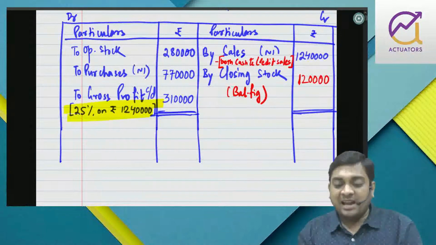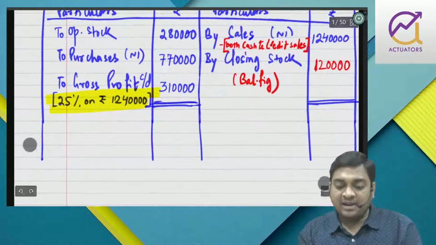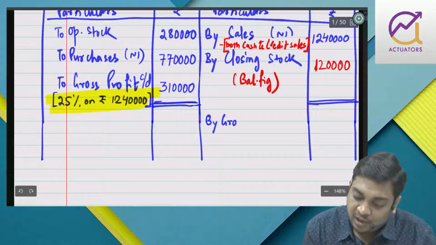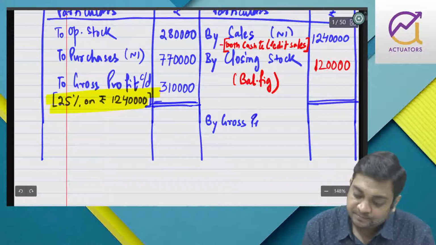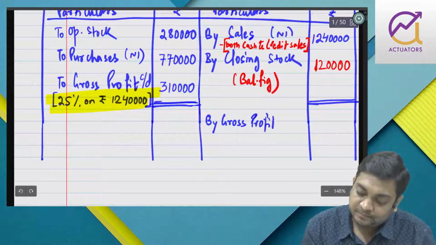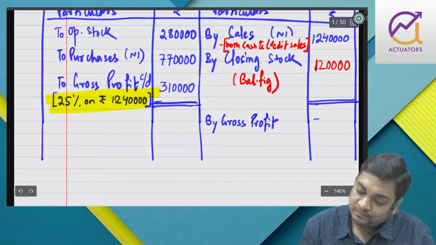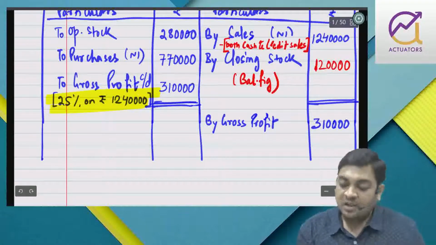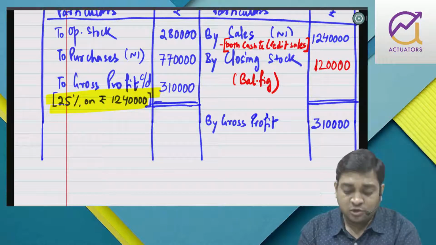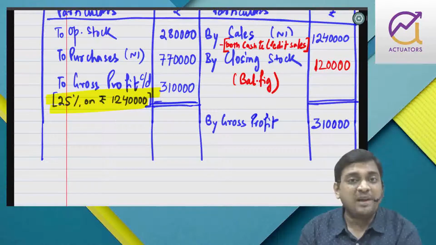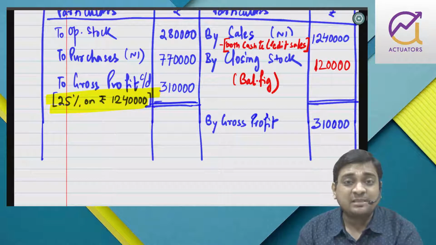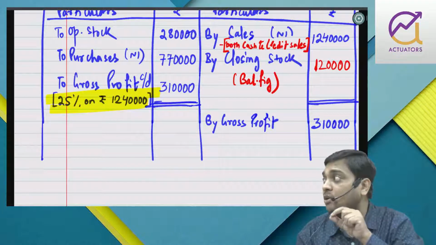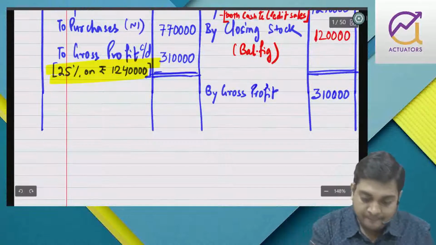Now the next part that we have to prepare is the P&L account. For preparing the P&L account, we have to bring down this gross profit. Now I have to show all the indirect expenses. You can see there are some expenses which have been paid through bank, and some which have been paid through cash. I'm not talking about personal expenses, I'm talking about business expenses.